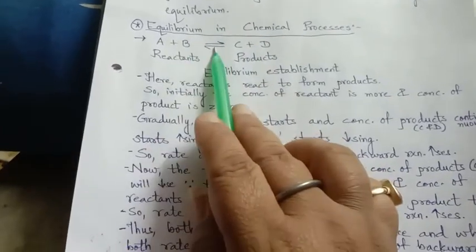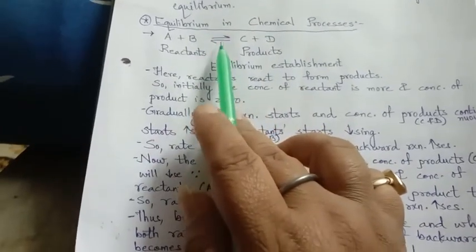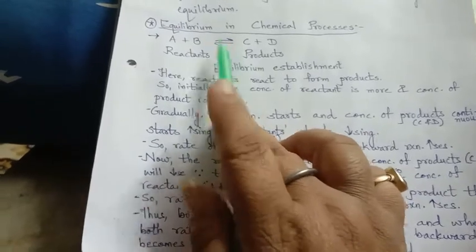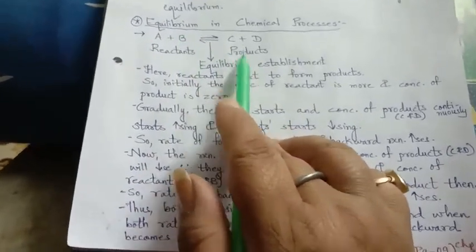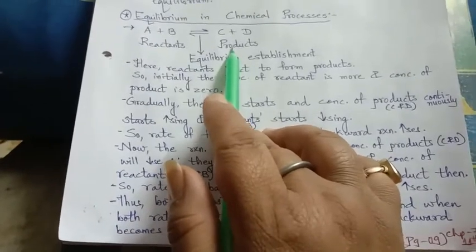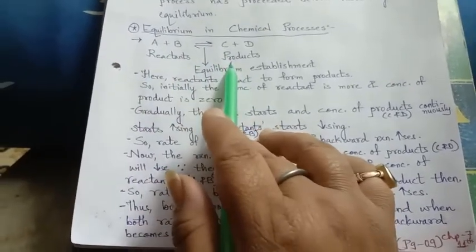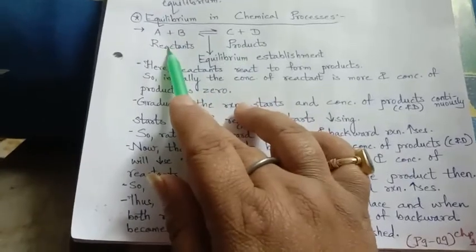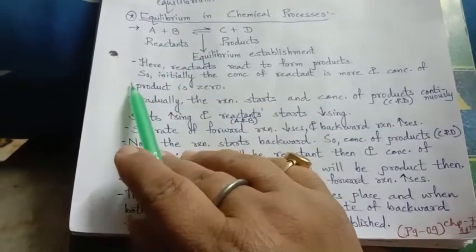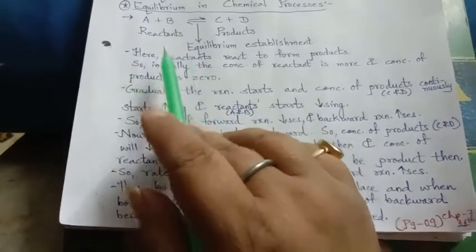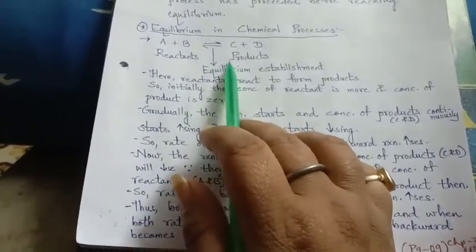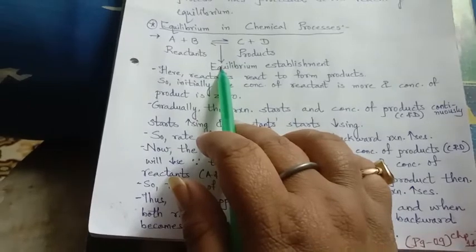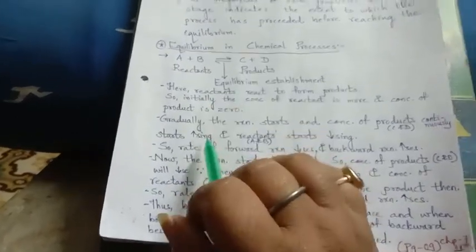At a certain stage, under specific conditions, the reactant will stop reacting to give product, and the product in the backward reaction will also stop giving the reactant back, and that particular stage that is attained is called equilibrium. And this equilibrium, we can say, is a dynamic equilibrium.